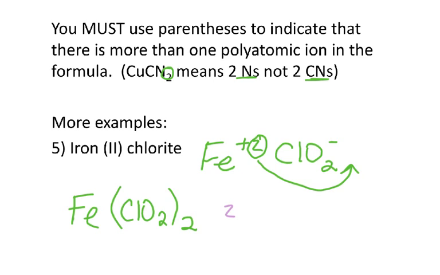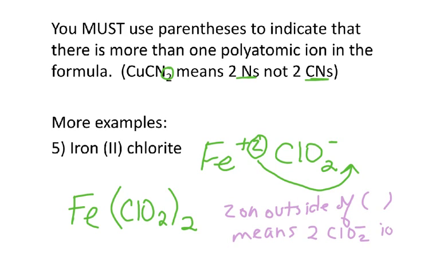This 2 on the outside of the parentheses means 2 ClO2 ions. If it was inside, it would be ClO22, and there's no 22 anything.